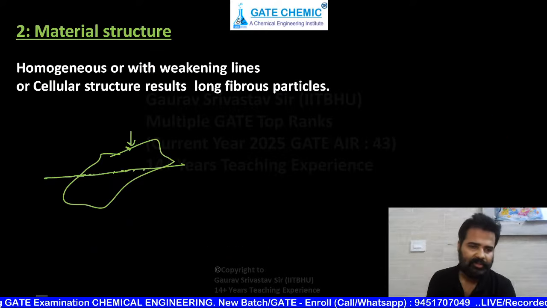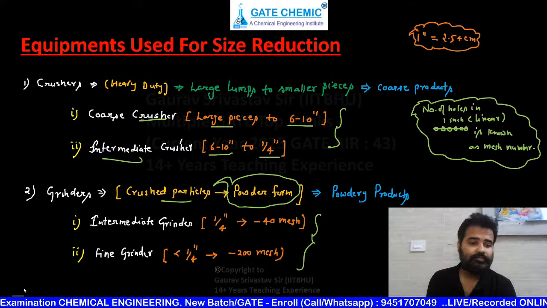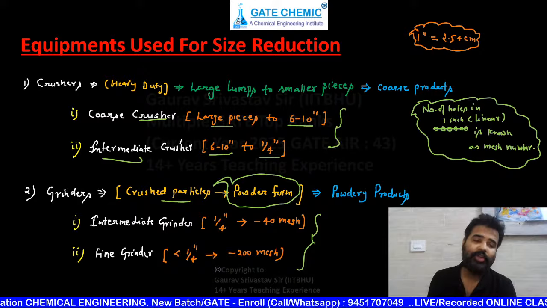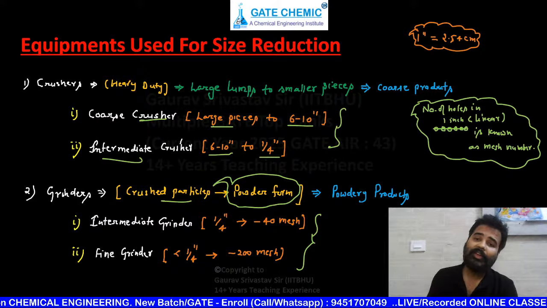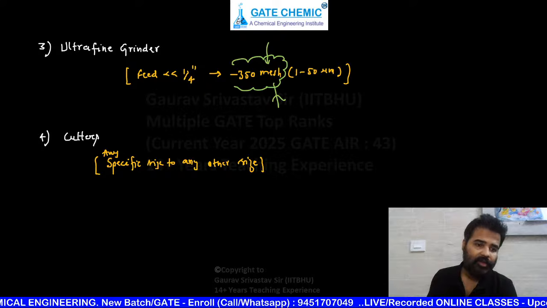Oh, that is very very easy. Okay, and these all points. Then equipments used for reduction, just again no need to see ranges, actual ranges for this upcoming GATE examination, not important at all. Okay.